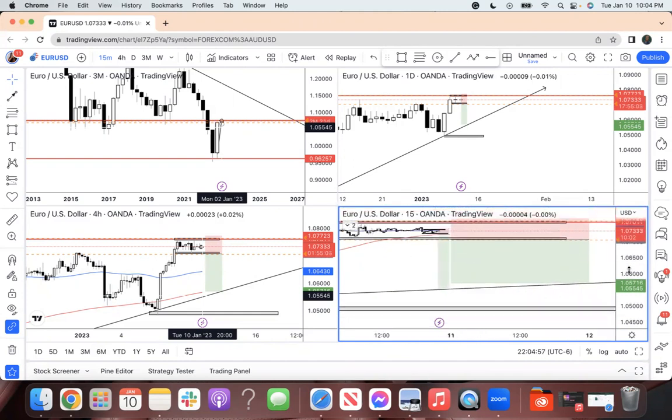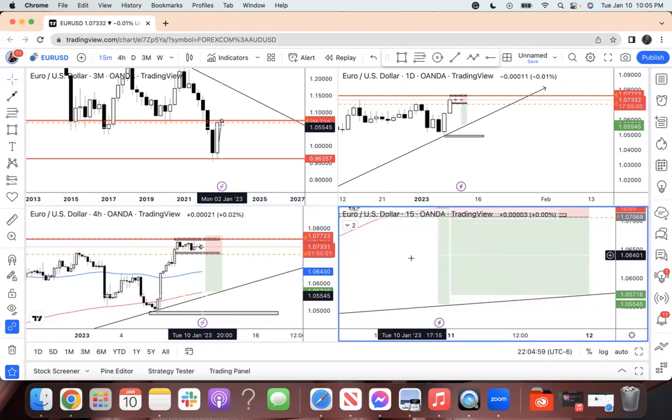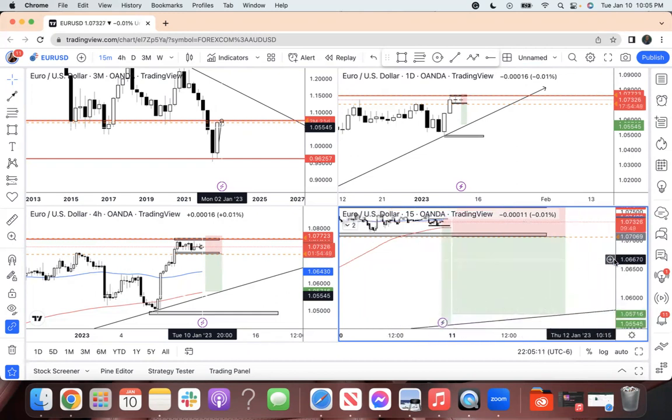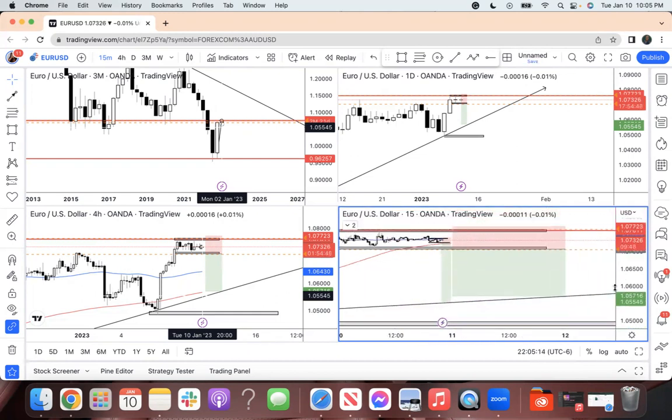Instead, I could take off 50% of my trade at that point and then leave a running position open to continue to target these lower areas that I identified on the higher time frame.